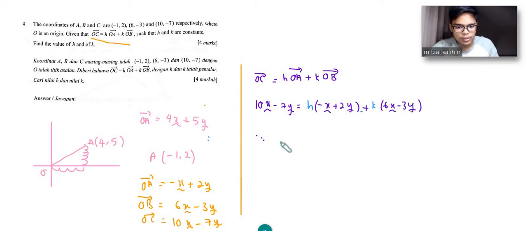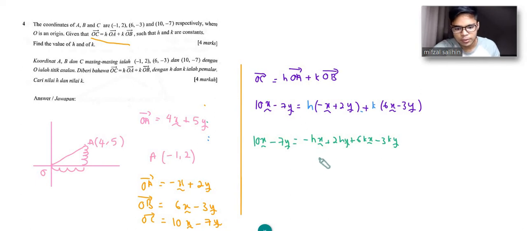Now we are going to expand everything. So we get 10x minus 7y equals -hx plus 2hy plus 6kx minus 3ky. So here is how we are going to solve the value of h and the value of k.